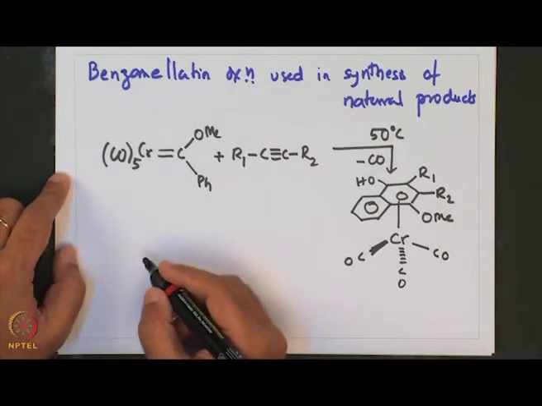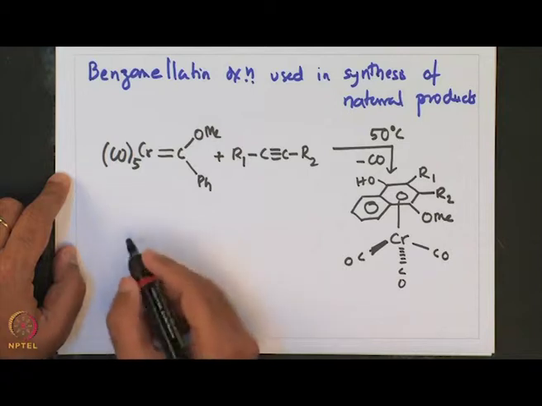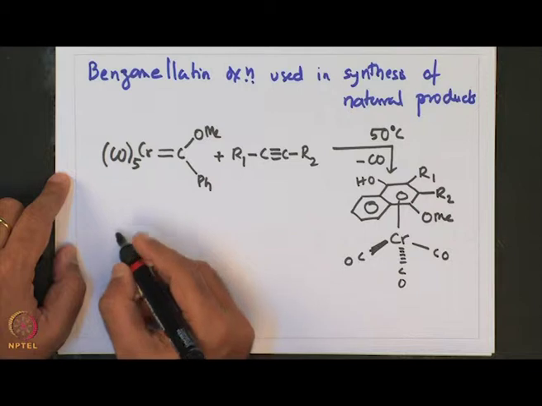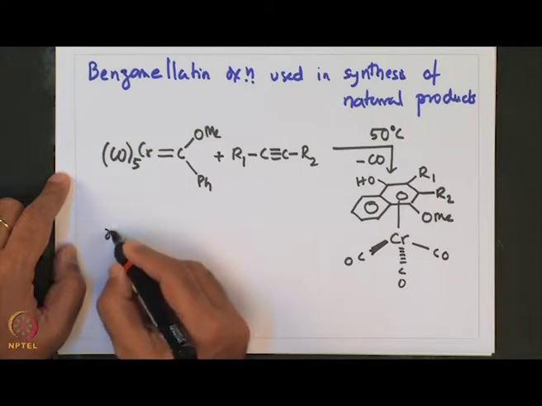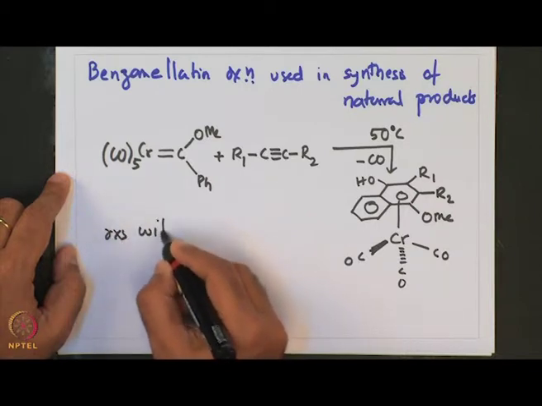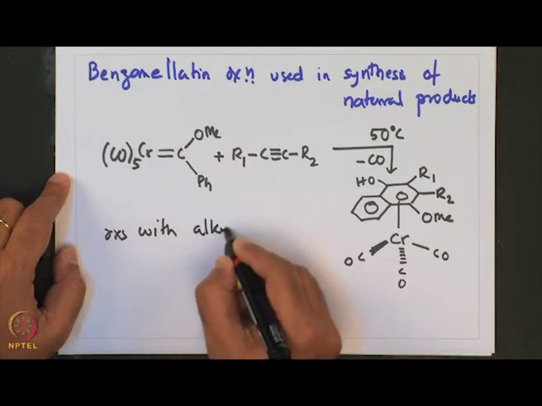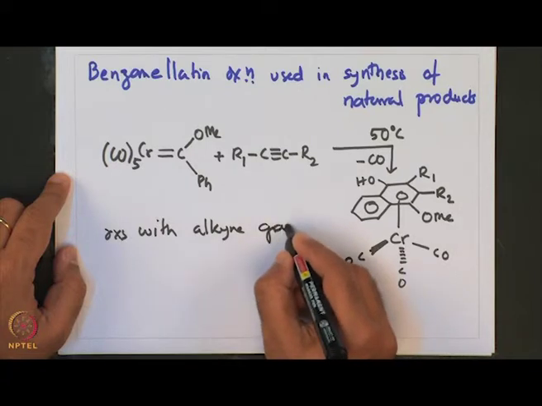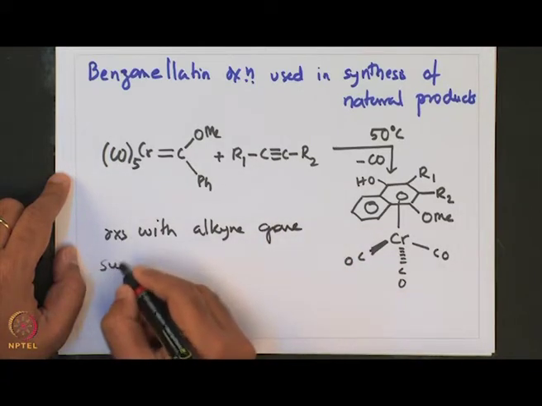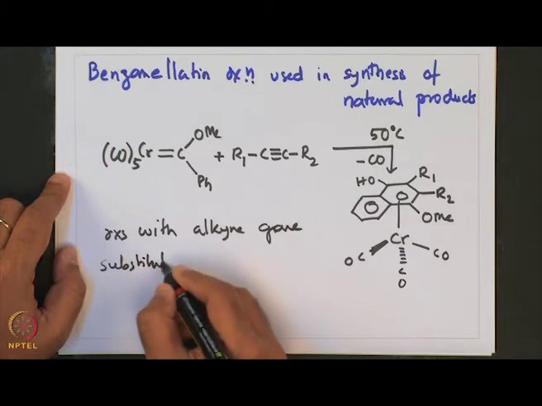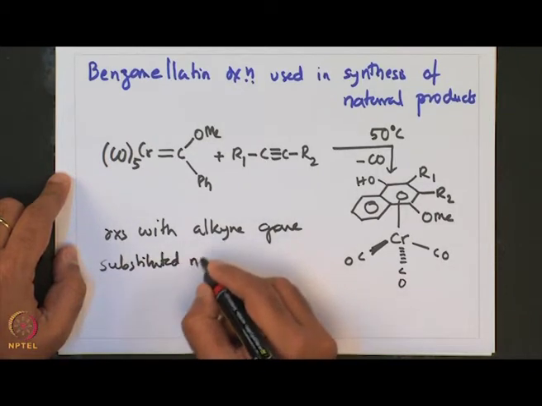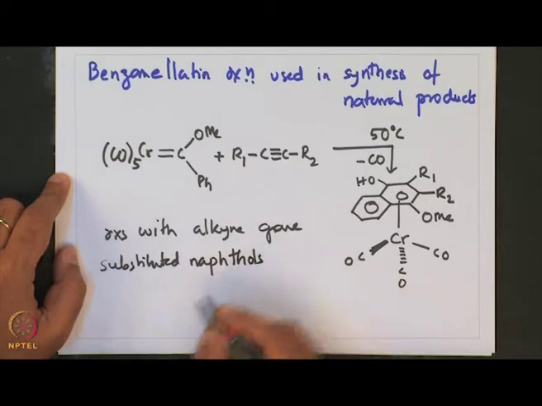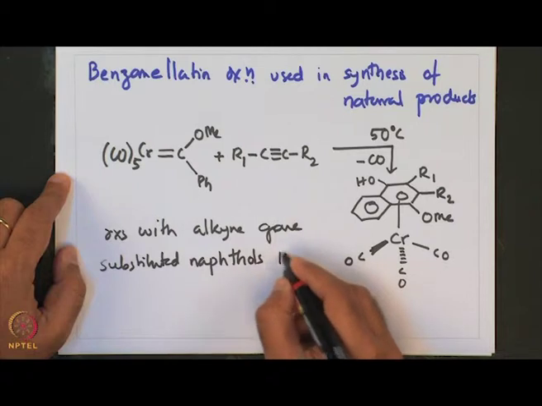So, this reaction of carbene with alkyne gave substituted naphthols pi bonded to the transition metal.